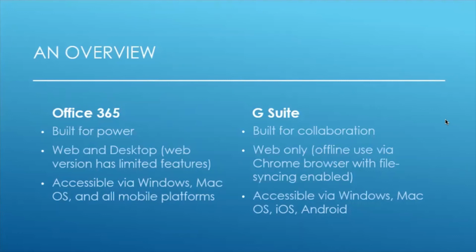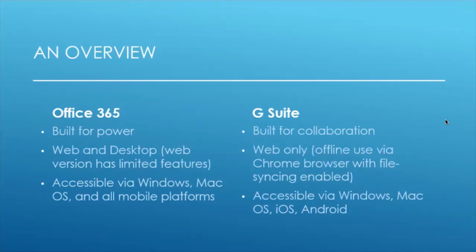The other point with that is that the desktop applications are far more powerful than the online equivalents. Online, obviously, you're going to look for speed, stability, ease of use. If you really need to get into the meat and potatoes of those applications, the desktop version in Office 365 is going to be far more powerful.